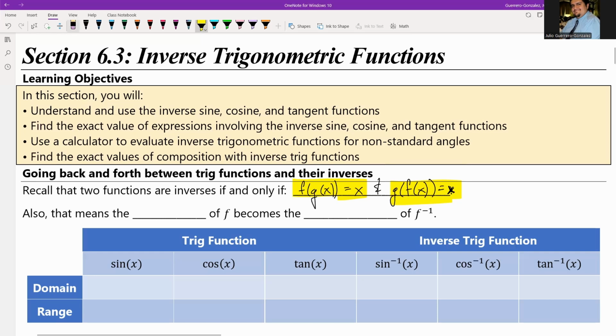The other thing that you guys should remember is that the domains and the ranges switch. So the domain of f of x becomes the range of f inverse, and vice versa.